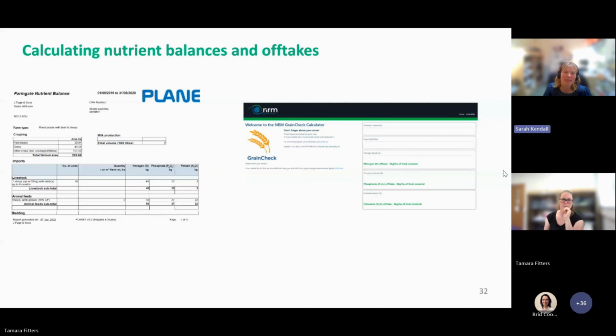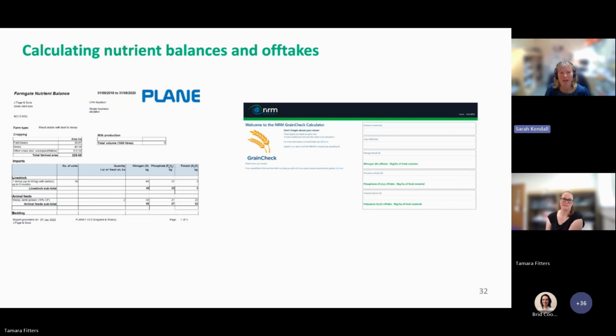And then I also wanted to highlight that there are tools that can support nutrient balances and calculating offtakes. So the Planet software allows you to do, it's more of a farm gate level than a per field level, but allows you to calculate nutrient balances.